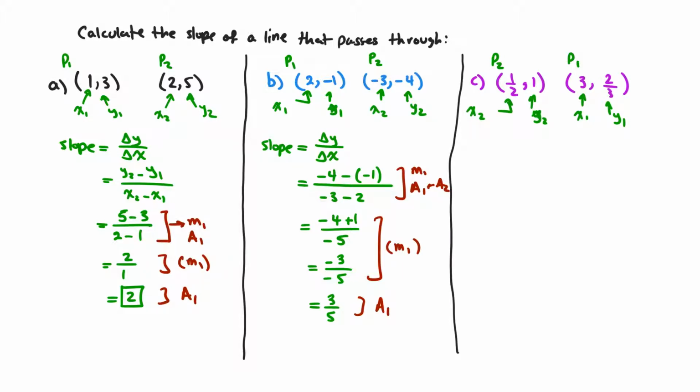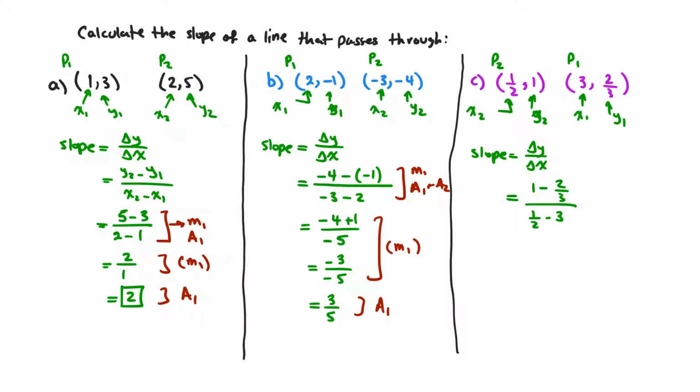Now, plugging everything into my equation, my slope will equal delta y over delta x, which is equal to my y2 value, which is 1, minus my y1, which is 2 over 3, over x2, which is 1 over 2, minus x1, which is 3.